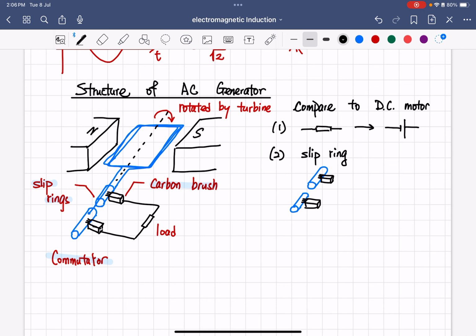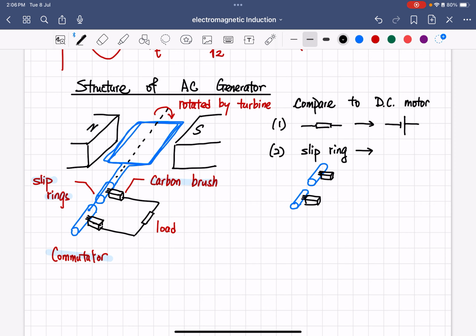While on the other hand, a DC motor has split rings. We do not have a full ring anymore, it's just half of it, like this. And then we again use the carbon brush to connect it to an external circuit.